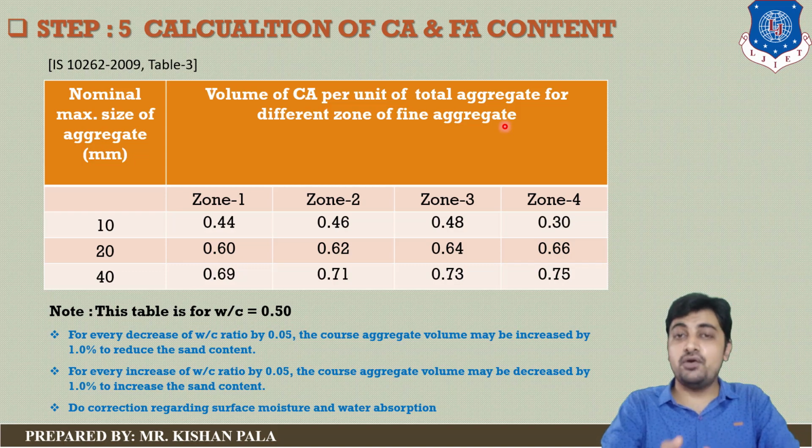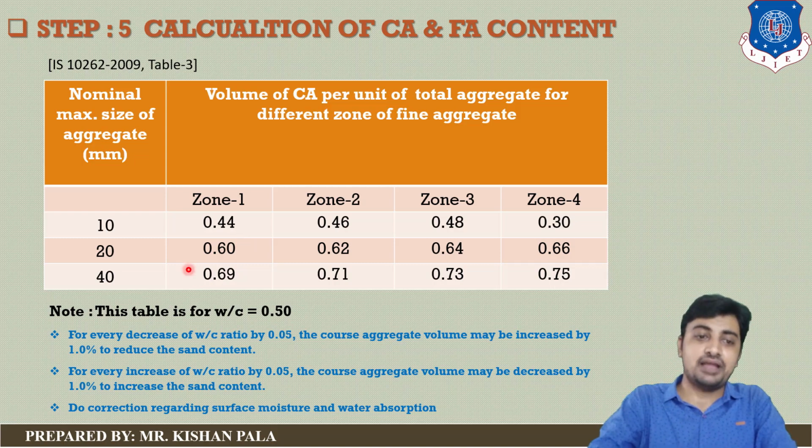First of all, you have to finalize the volume of the coarse aggregate with this table. For example, you are using the 20 nominal size of the aggregates, and you are using zone 1 fine aggregates. In that case, you have to use 60 percentage for the coarse aggregate. It means out of the total volume, you use 60 percentage for the coarse aggregate and 40 percentage for the fine aggregate.